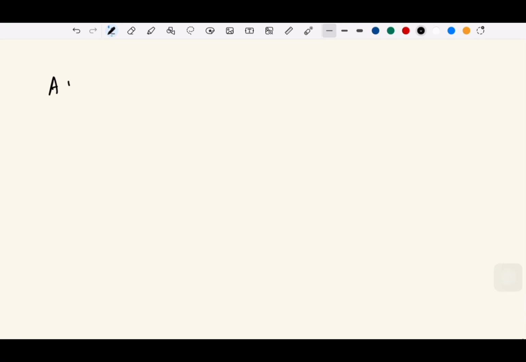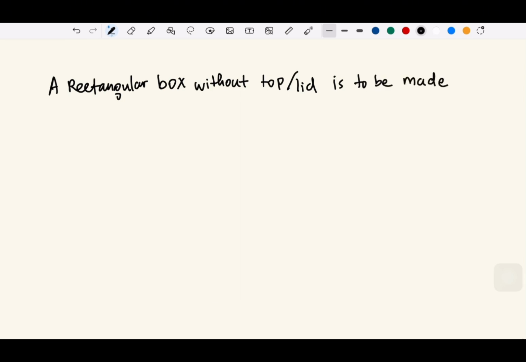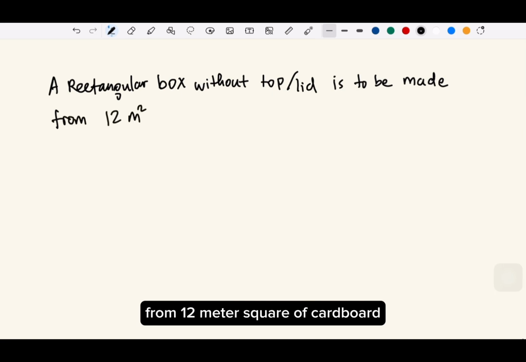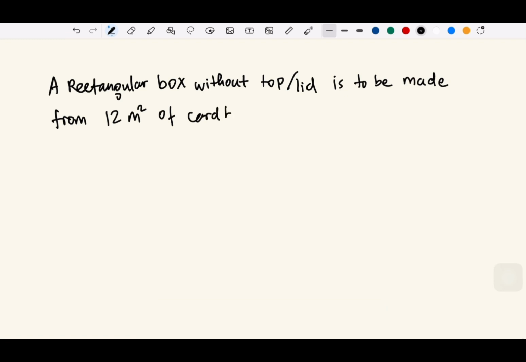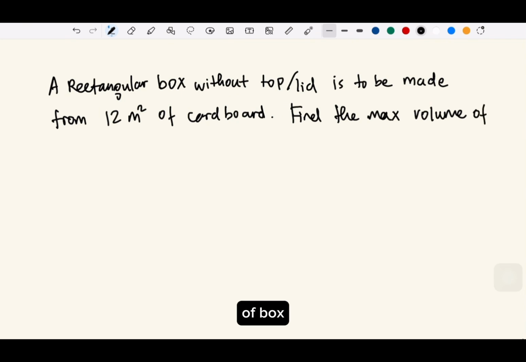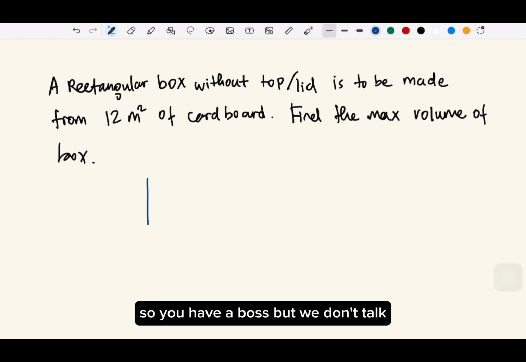So a rectangular box without top or lid is to be made from 12 meters squared of cardboard. Find the maximum volume of the box. So you have a box but without top.